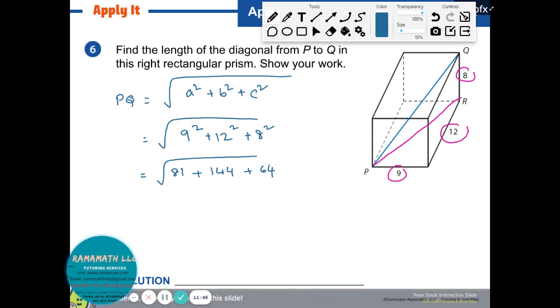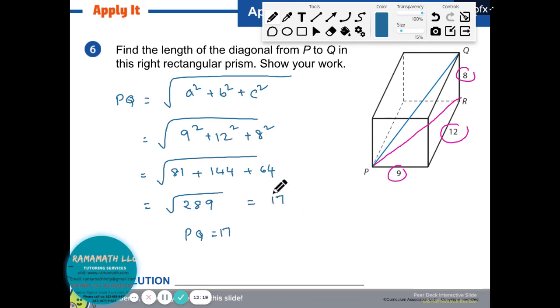So 81 plus 144 plus 64 gives you 289. What's the square root of 289? What times what gives you 289? 17. Plus or minus, but we can't take a negative because it's a side length. It has to be positive. So PQ is 17. Okay, so that's how you guys solve these questions.